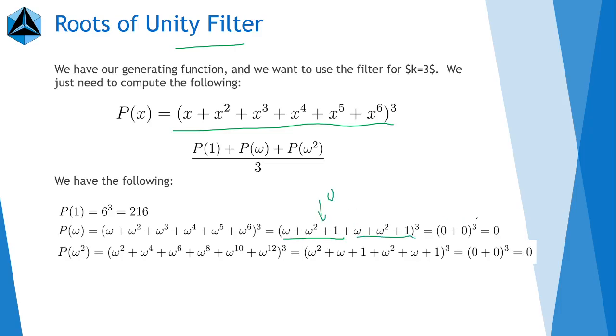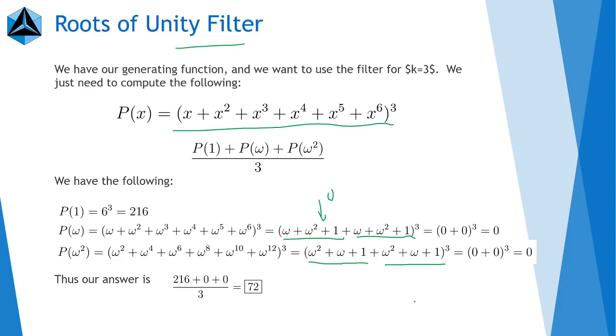So we get 0 cubed, which is equal to 0. Similarly here, the same thing happens. Once we simplify it down, we see that we just have 0 again. And by the roots of unity filter, thus our answer is p of 1 plus p of omega plus p of omega squared, which is 216 plus 0 plus 0 over 3, which is 72 ways to roll a sum that is divisible by 3 on 3 standard dice.